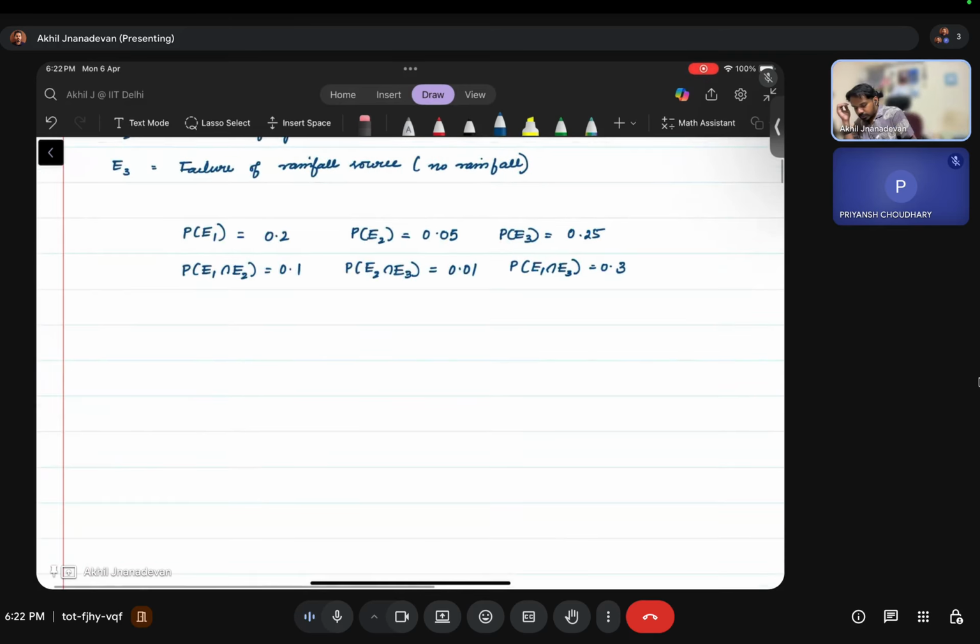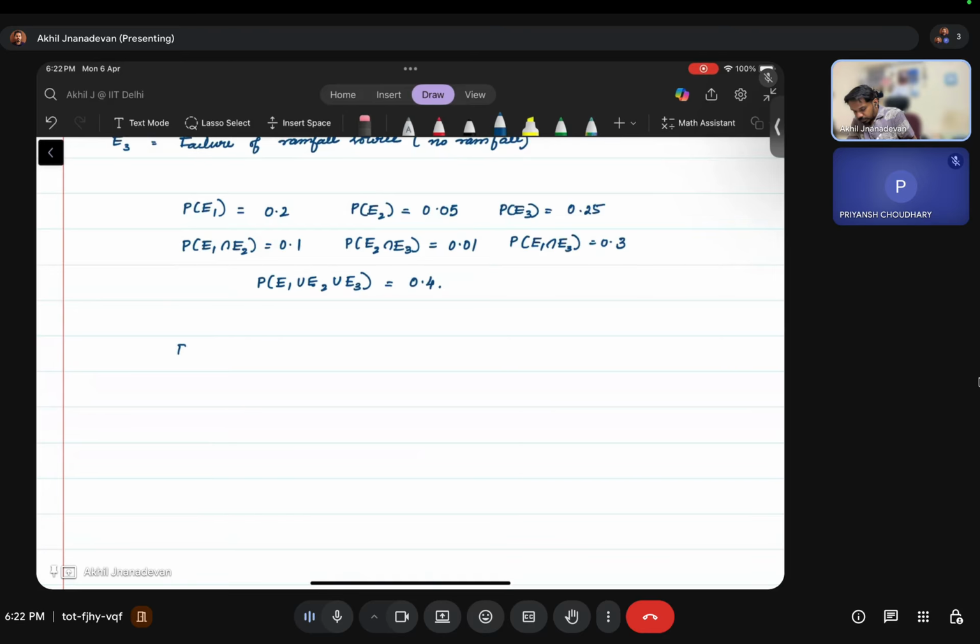So the next thing given to us is probability of E1 union E2 union E3, which is given as 0.4.